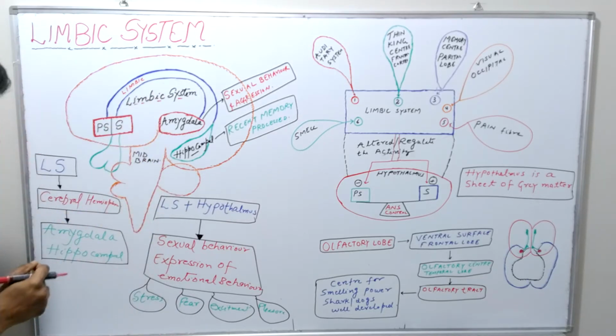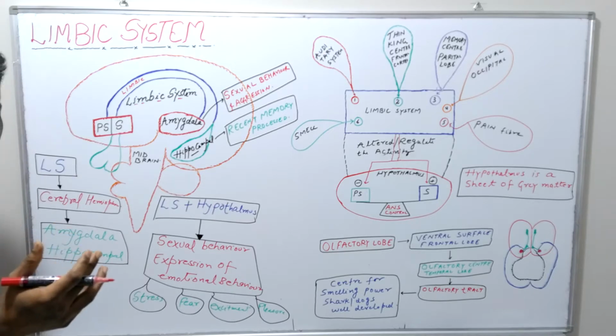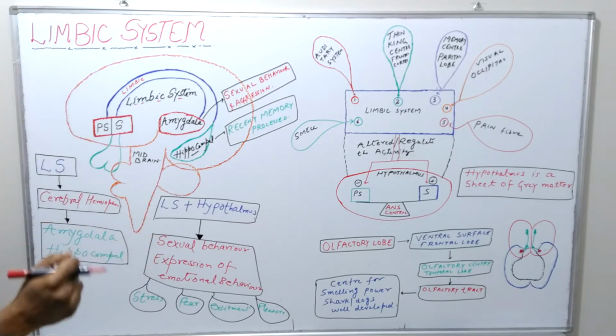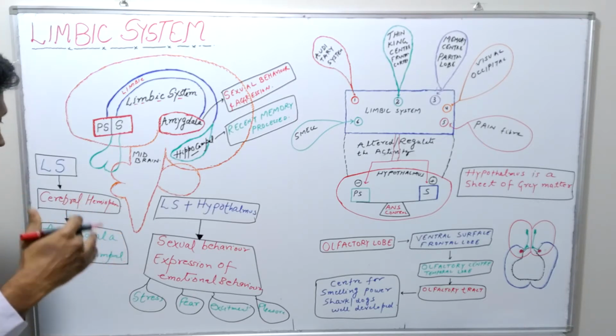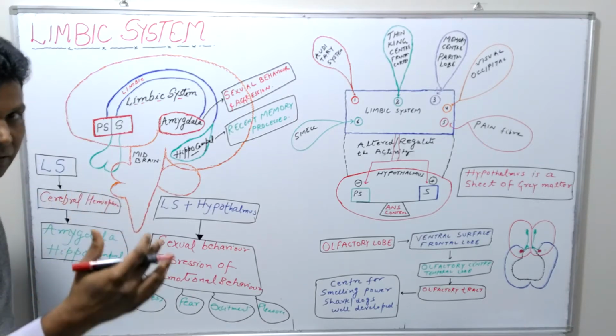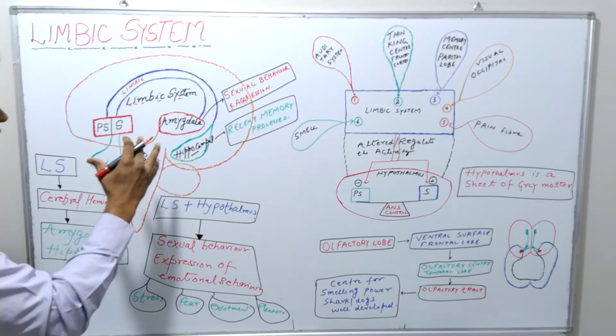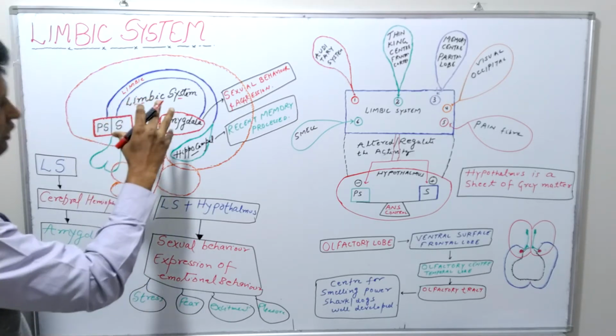And what is emotional activity? Emotion, depending upon the type of situation, like stress, fear, pleasure, happiness, sadness, mood, everything is concerned with your limbic system.